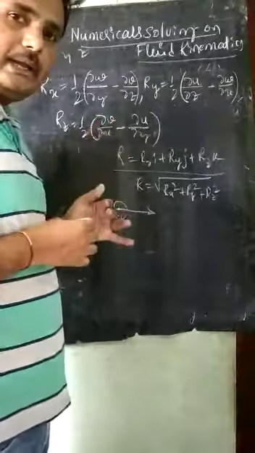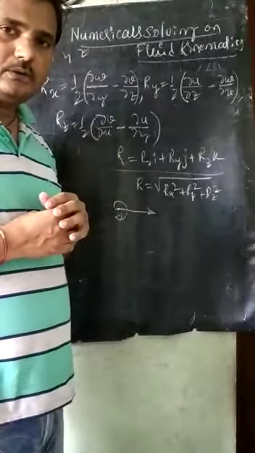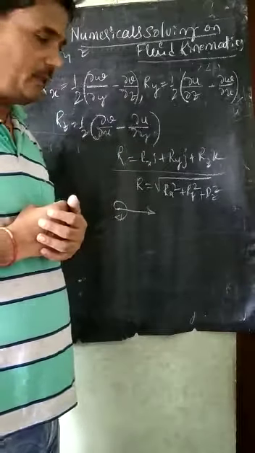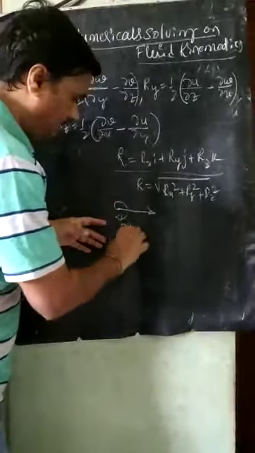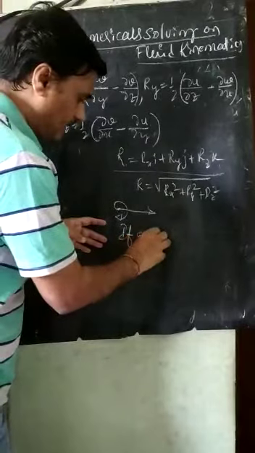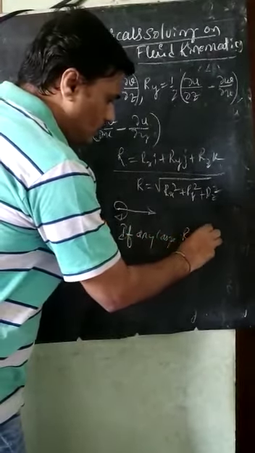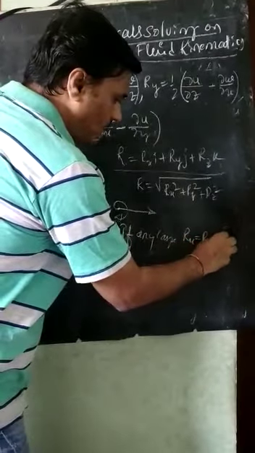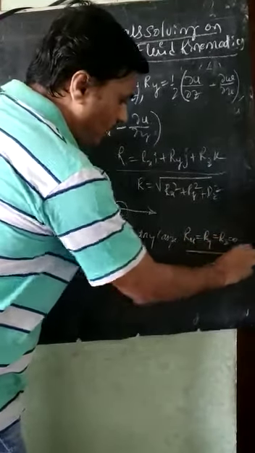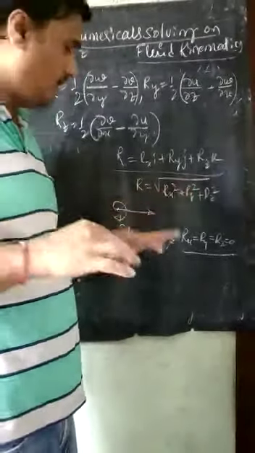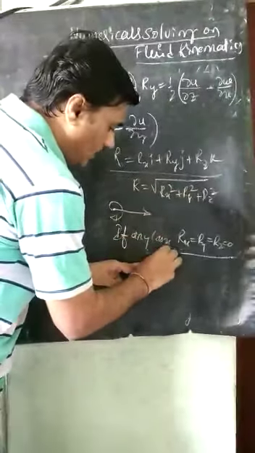Mathematically, if Rx is equal to Ry is equal to Rz is equal to 0, meaning all are 0, then it is irrotational flow.